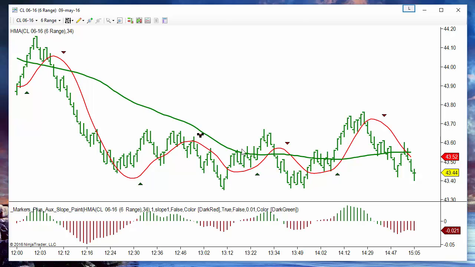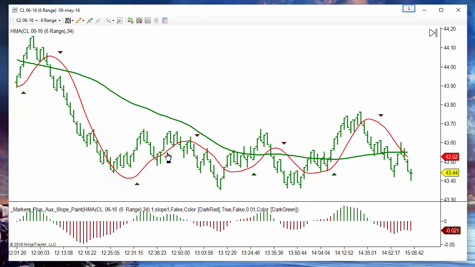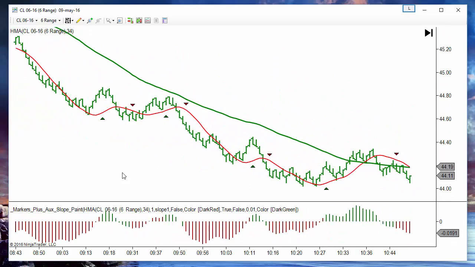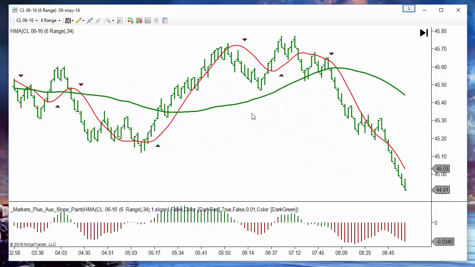So if we use the slope as a filter, then we are only taking the short signals. Here the slope starts being positive, so this short is not taken. Let's see if we can find a long. This is a signal with a positive slope.